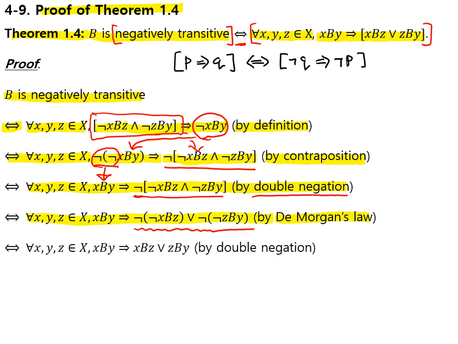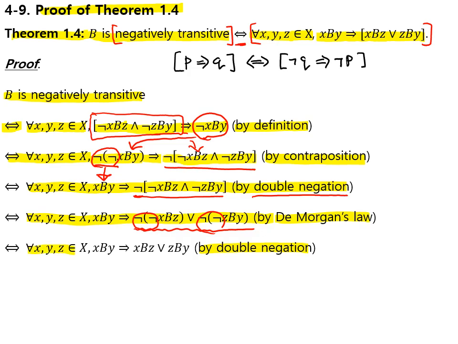Then we apply double negation once again, so the double negations cancel, and we finally arrive at the desired expression.